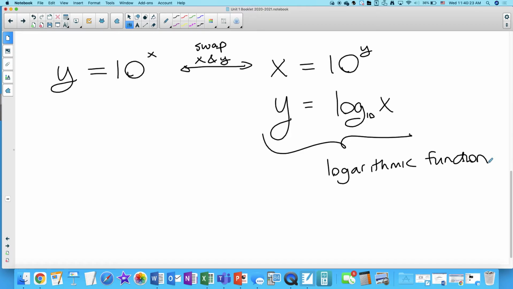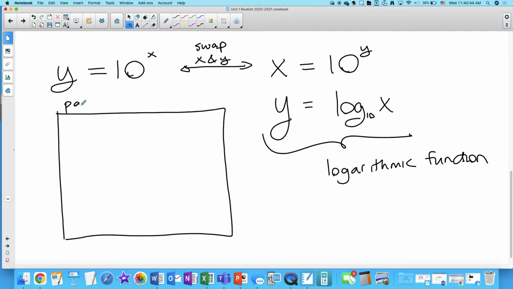With the pen, you're going to draw a coordinate plane, like that. Here's your paper. And with pen, you're going to draw that.